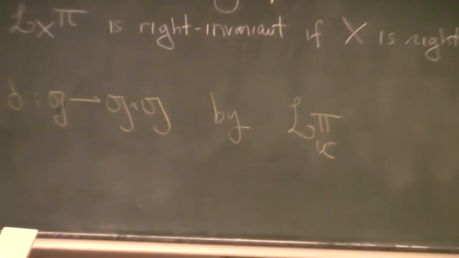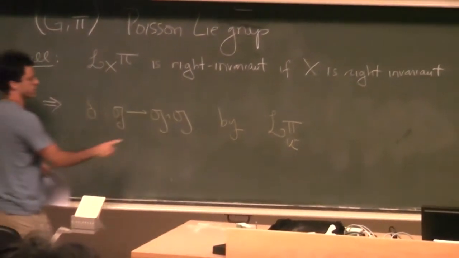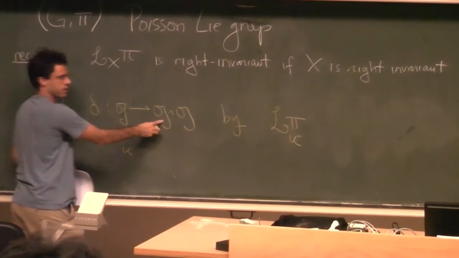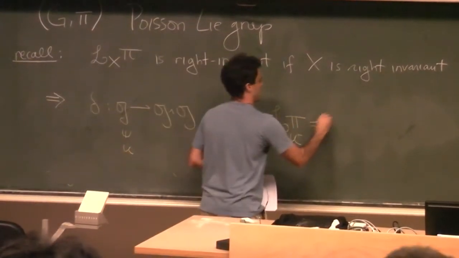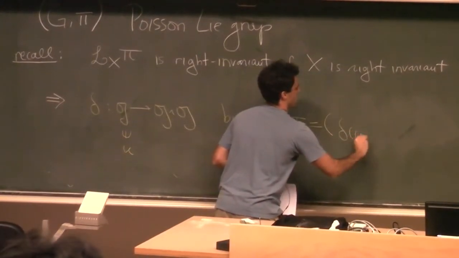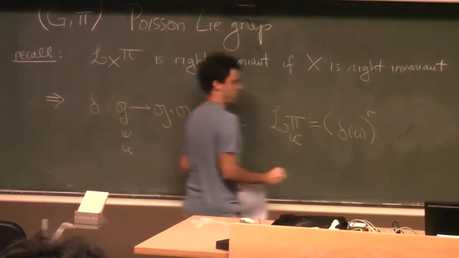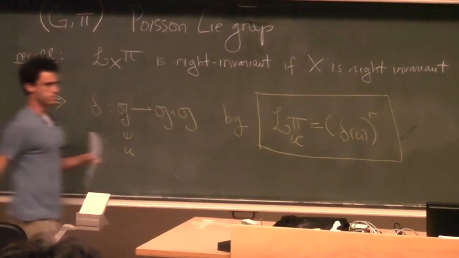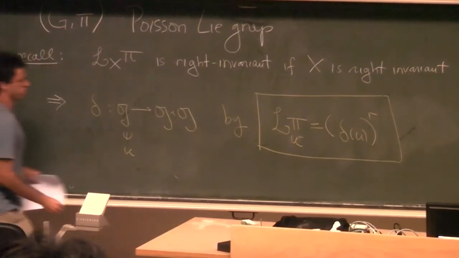It's a right invariant bivector field, and therefore is determined by something here.